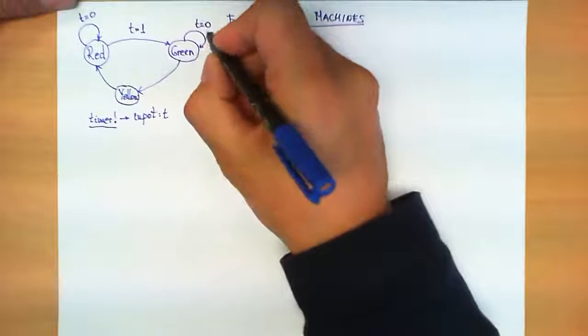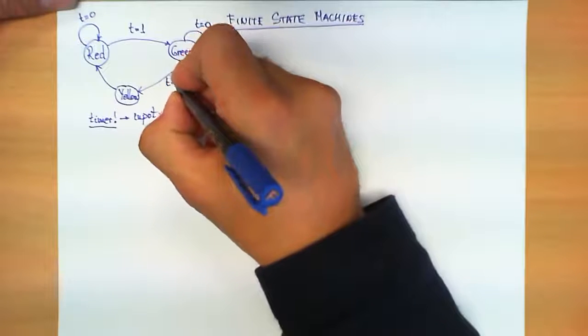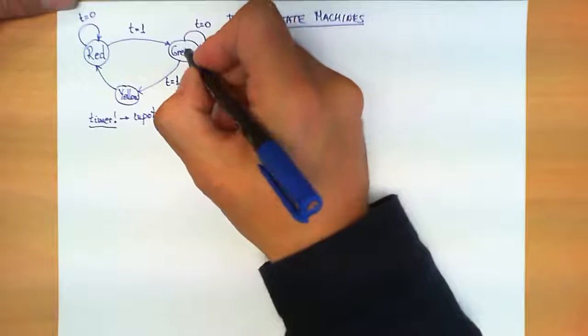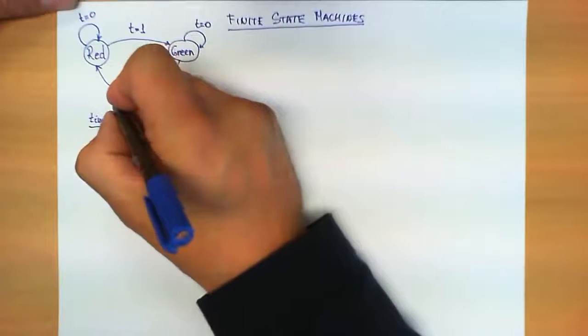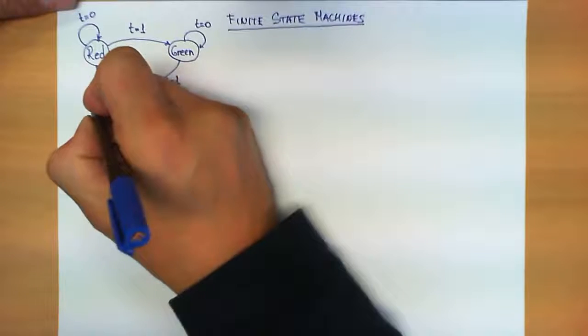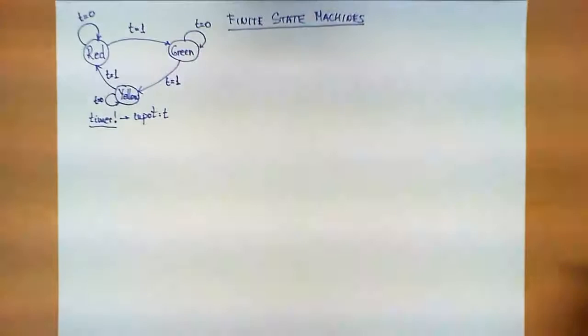When the light is green and the timer hasn't turned into 1, the light remains at green, but when the timer becomes 1 again, the light makes a transition from green to yellow. And similarly, we have the same situation here for t equals 0 and the transition for t equals 1.